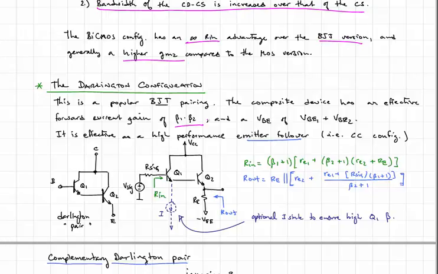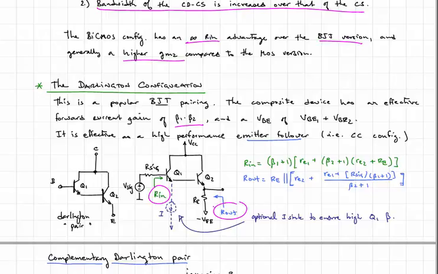If you are using this in the common collector configuration, like I show here, then it has positive impacts for both the input resistance looking into that amplifier and the output resistance looking back from the load.